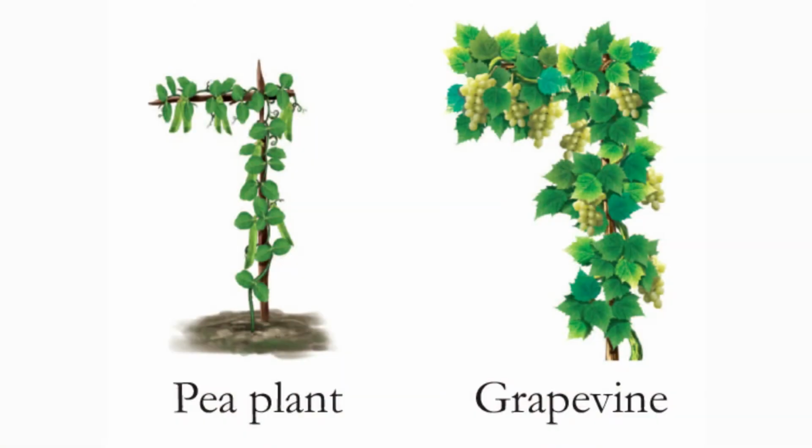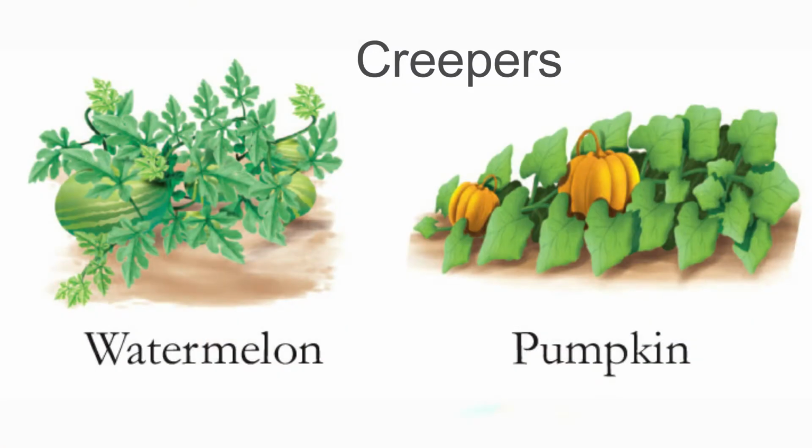What is different about them? Even though both of them have weak stems, the climbers, if you get a wall or a stick or another tree, will climb. But the creepers, even if you get a support, cannot climb. You know why? Because they have big leaves and they produce big fruits and vegetables like a pumpkin and a watermelon.